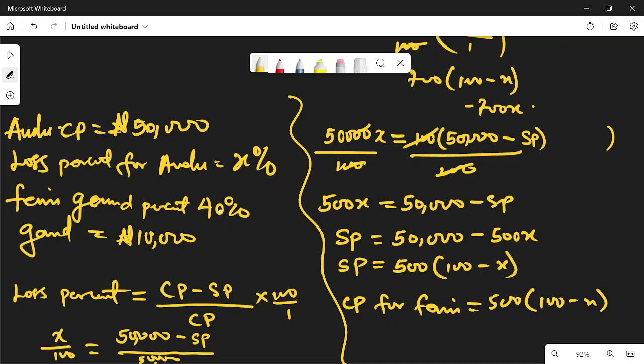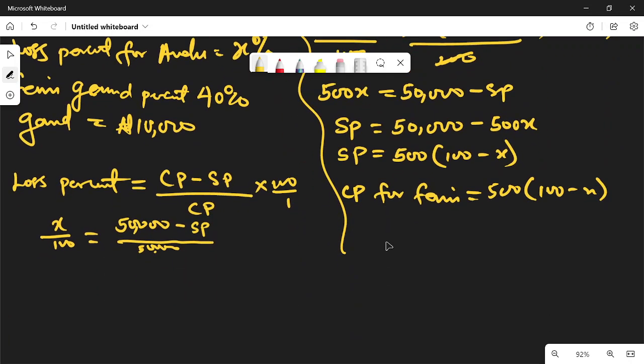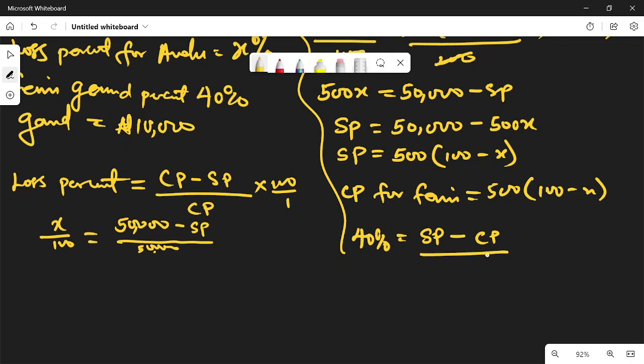Then Femi gained what? 40%, right? So percentage gain, which is 40%, is equal to selling price minus the cost price all over the cost price times 100.